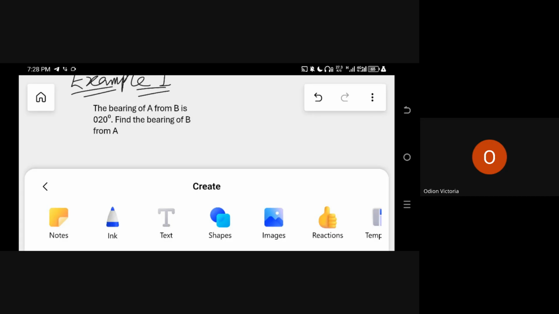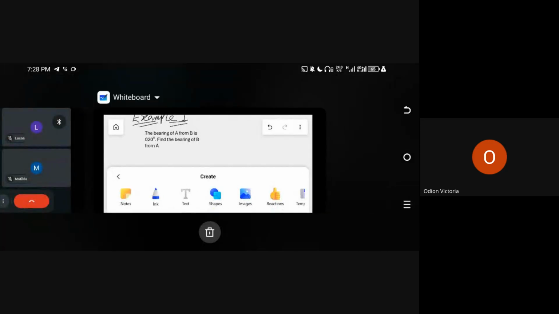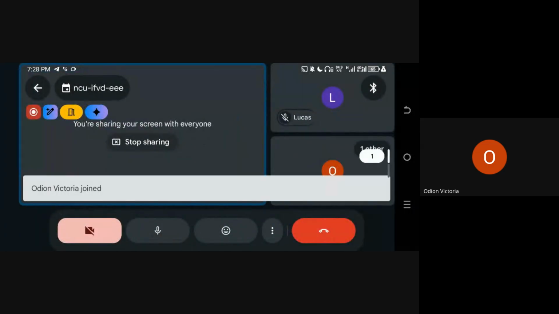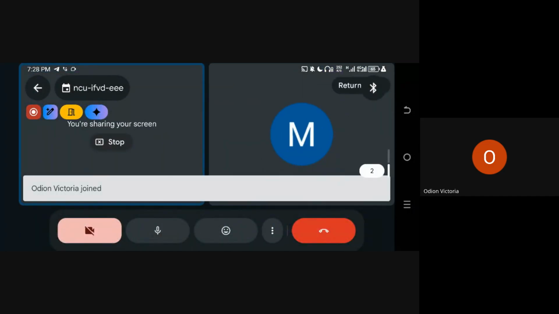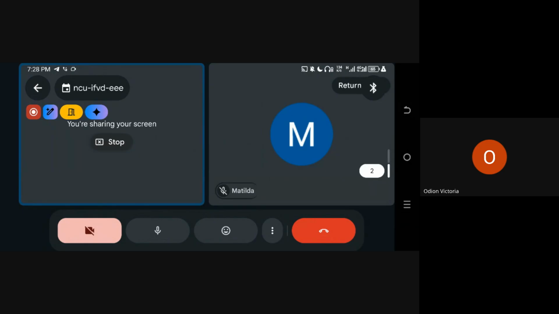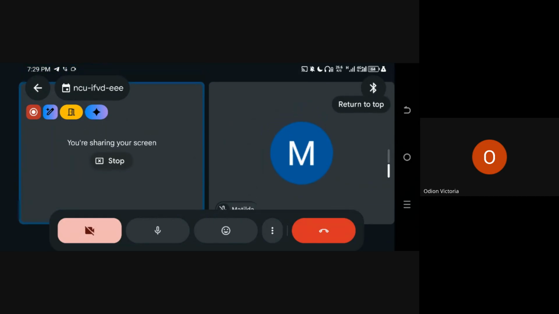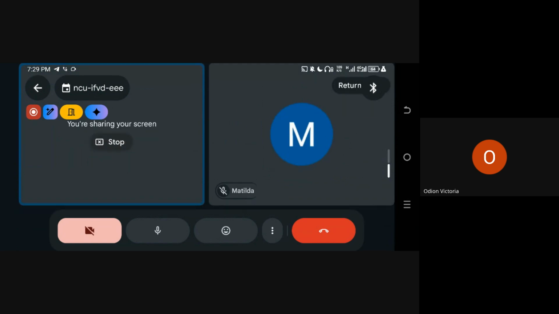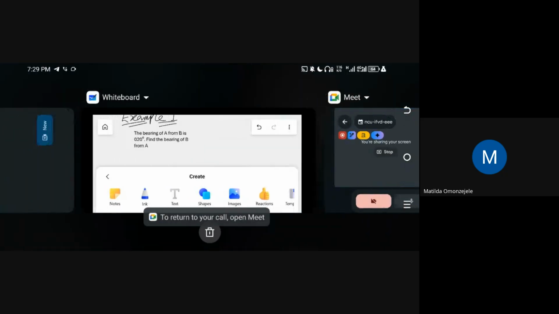So 20 degrees should come from what quadrant? Matilda, what quadrant do you think 20 degrees has to come from? From 0 to 90 degrees. That is the first quadrant.